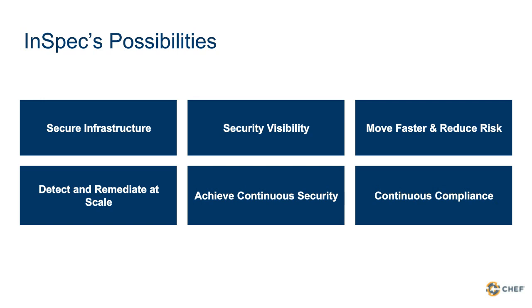We need to know the state of compliance all the time, and using parts of the Chef toolkit, InSpec is an important part of being able to continuously monitor your compliance, so that when it comes time to audit, you can fly through the audit and have the peace of mind knowing that your infrastructure has stayed compliant the whole time, and have an auditable history of when that compliance was broken.